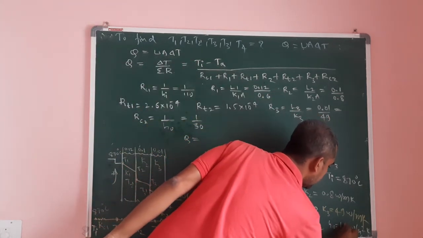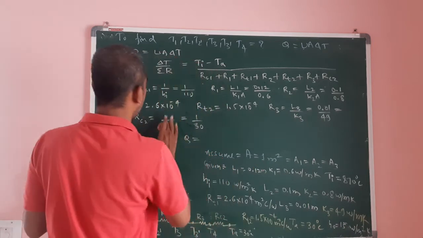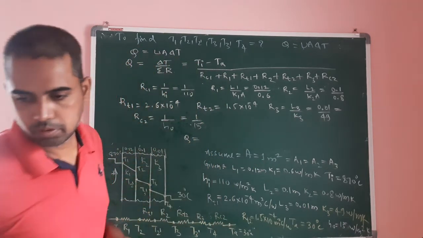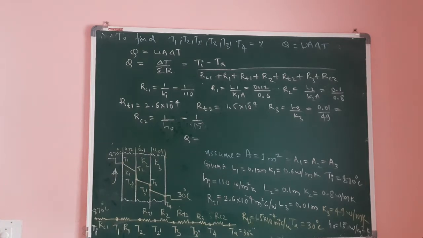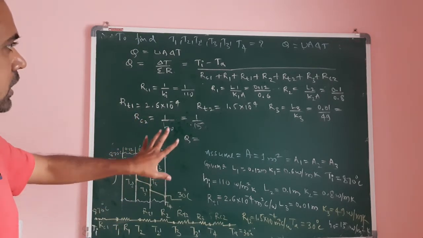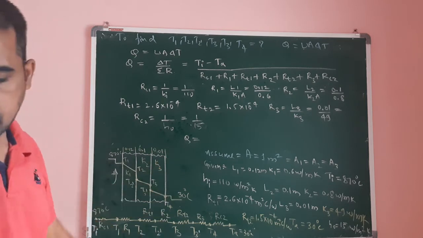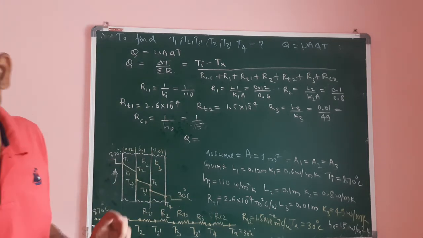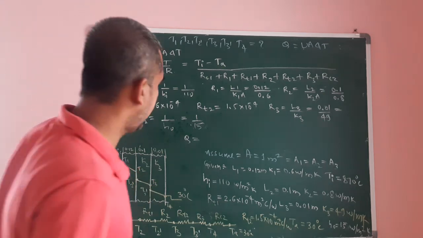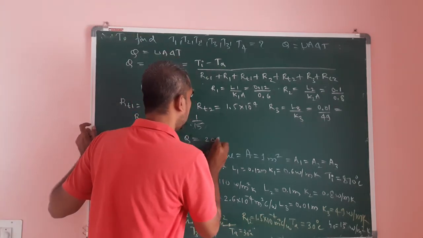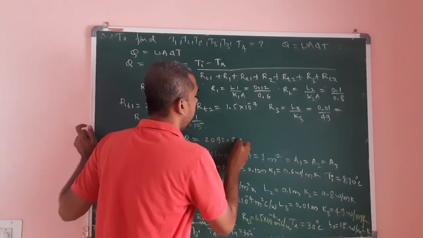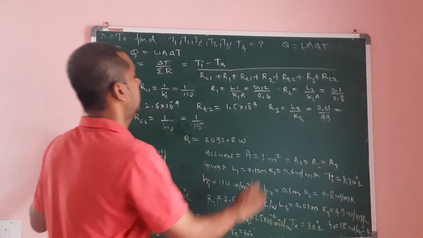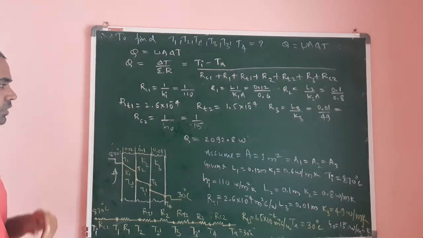Convection heat transfer coefficient on the outside is 15, given in the problem. If you substitute all this, you will get Q equal to 2092.8 watt per meter square or watt. We get this much heat transfer.